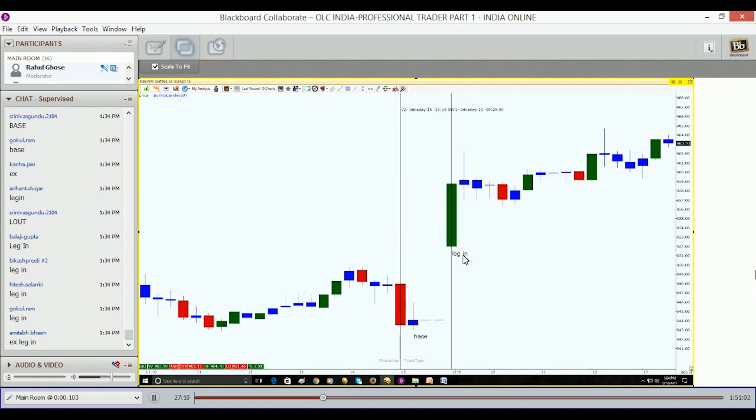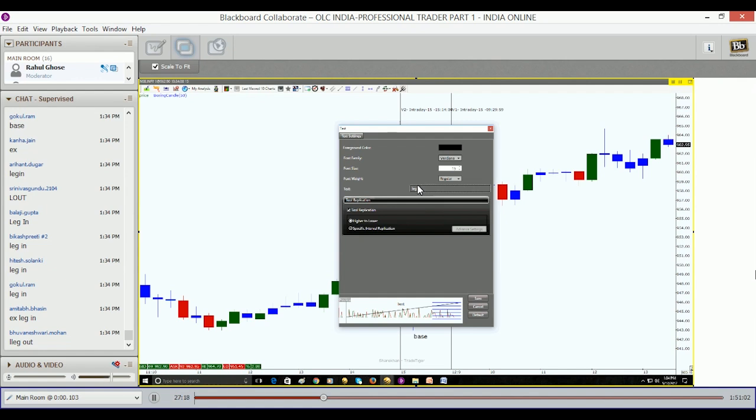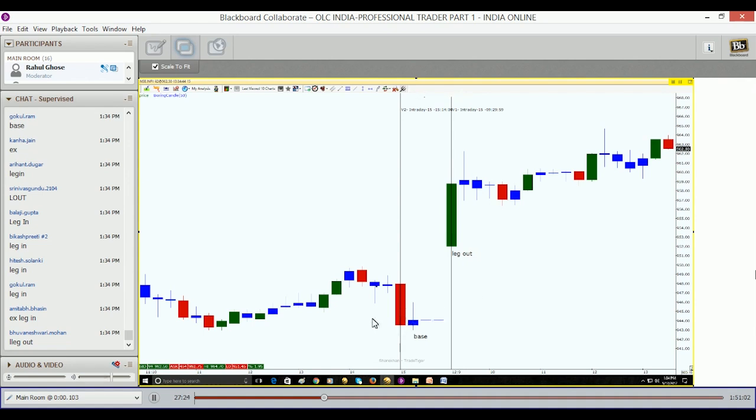Nobody corrected this. This was leg out, guys. I think the lunch effect is settling in. This becomes your leg out. This becomes my leg in. I mark it from the highest body of the highest base to the lowest wick of the lowest base.